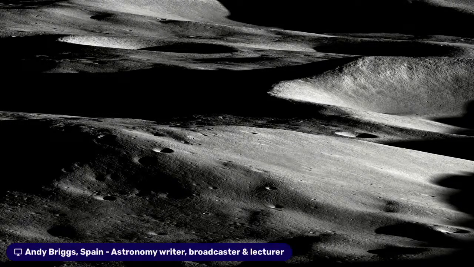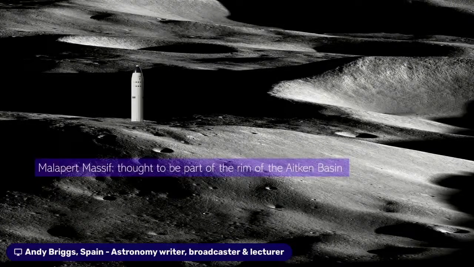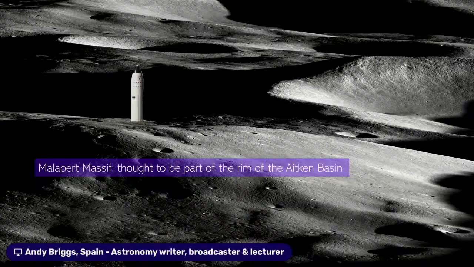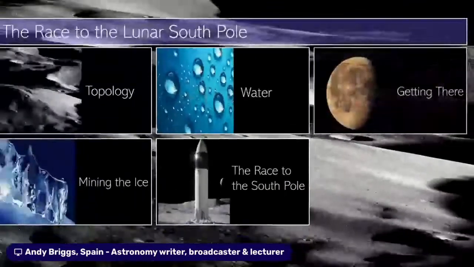So hopefully astronauts will descend on SpaceX's lunar Starship towards the moon's south pole and land on this sort of mountainous region here, which is called Malapert Massif. It's thought to be actually part of the rim of the Aitken Basin, that massive impact crater basin that is mainly on the far side of the moon. But the Mount Malapert Massif is thought to be part of it. And hopefully in 2025, this is where NASA will land.